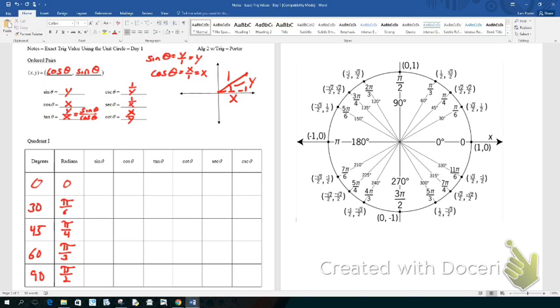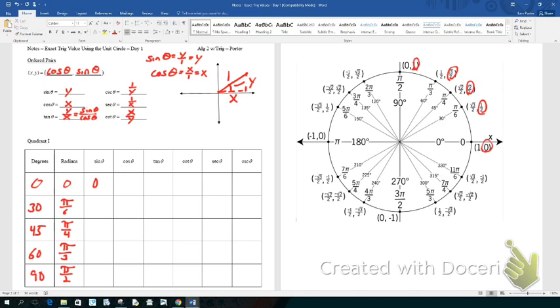But this first column here is looking for the sine values, and what we did at the top of these notes was we said the sine value corresponds with the y value of the ordered pair. So we can say very quickly that sine of 0 degrees, the y value would be 0.